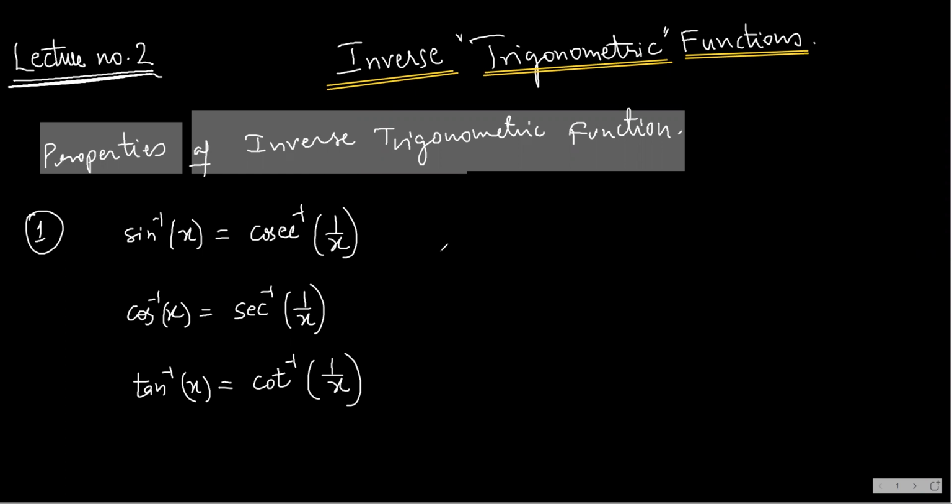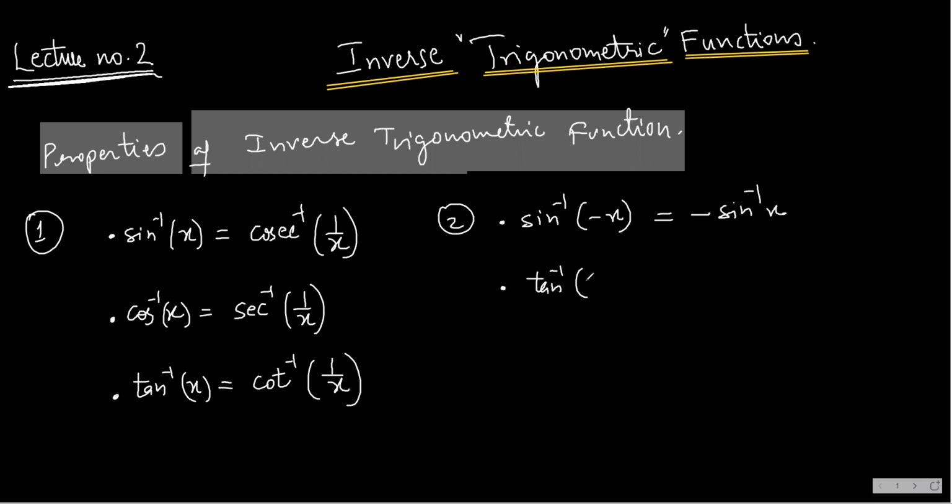Next, property number 2. What is the second property? Sine inverse of minus x equals minus of sine inverse x.